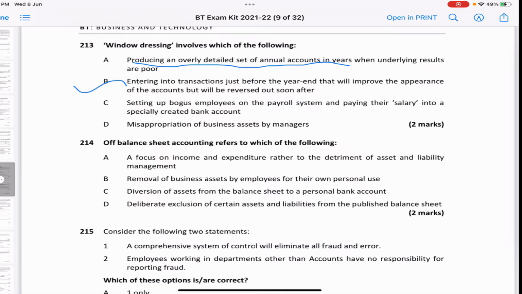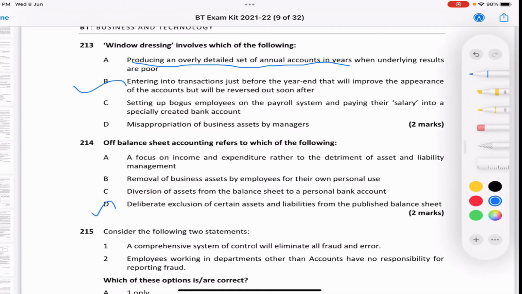Off balance sheet accounting refers to a focus on income and expenditure to the detriment of asset and liability management, removal of business assets by employees for their own use, diversion of assets from balance sheet to a personal bank account, deliberate exclusion of certain assets from the published balance sheet. Okay, so what do you think should be the answer?